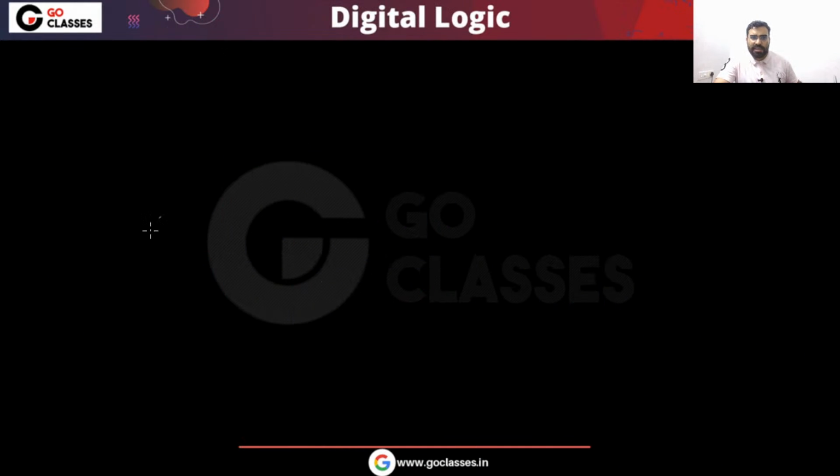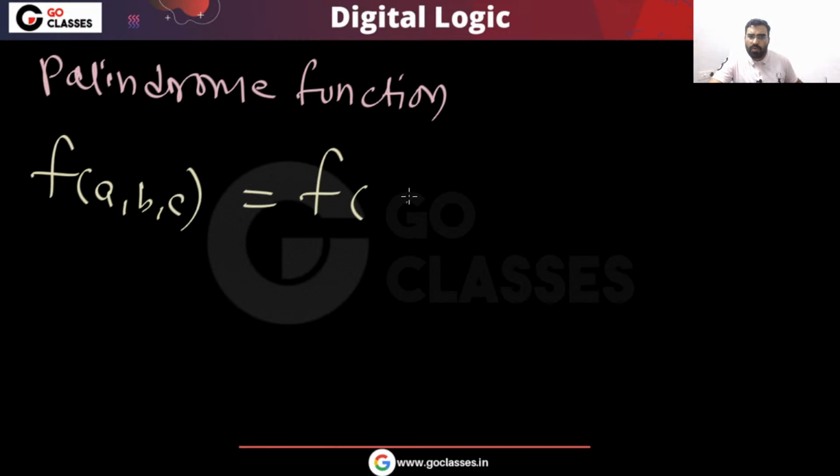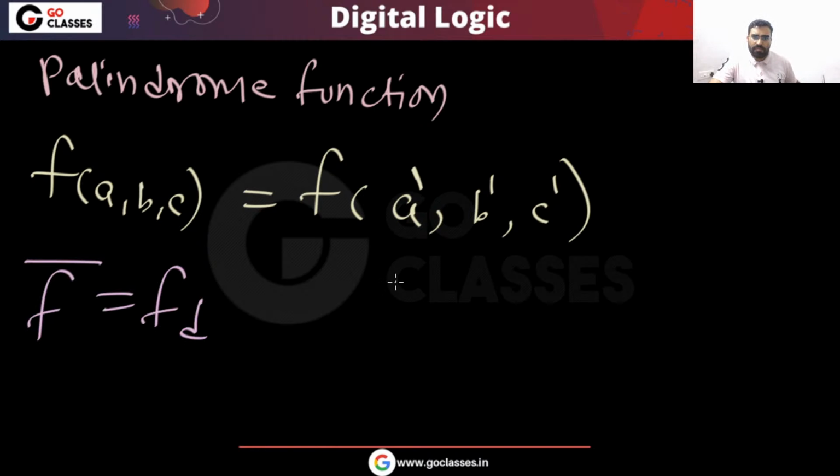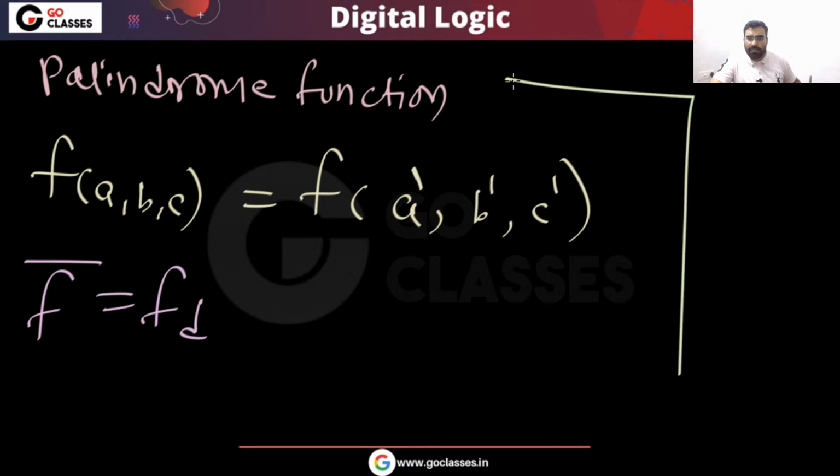So in the exam they can ask you any of these. Remember, palindrome function means F(A,B,C) is equal to F(A bar, B bar, C bar), and also the functions for which F complement is same as F dual. All these functions are same.